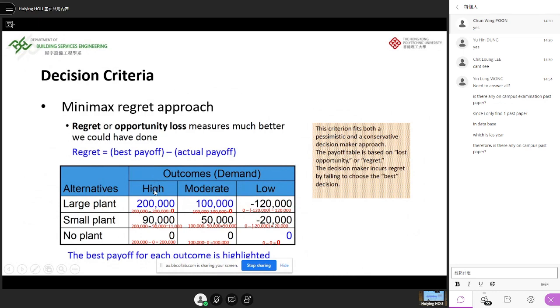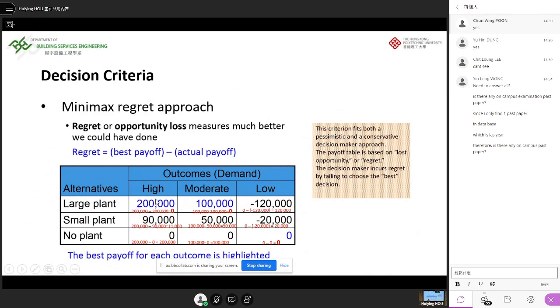For example, under high demand, there are three payoff values relevant to three alternatives. You need to identify the best payoff among these three alternatives and subtract the payoff value of each entry from that best payoff.